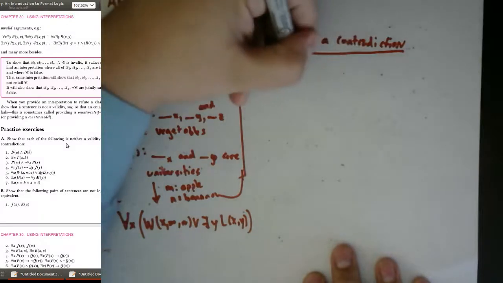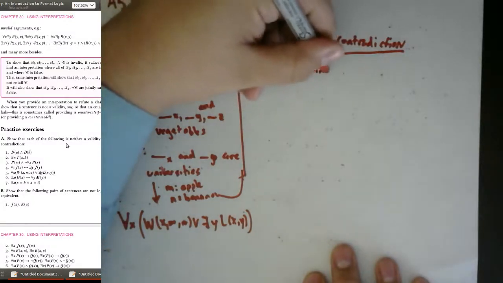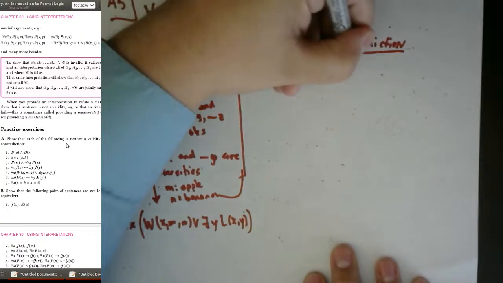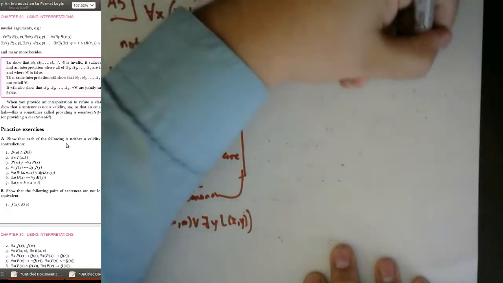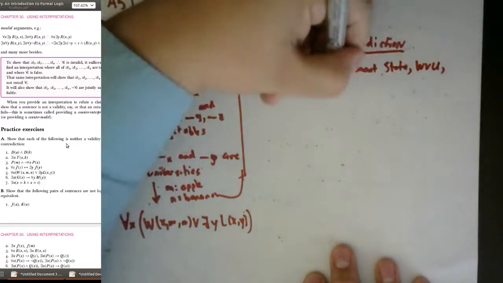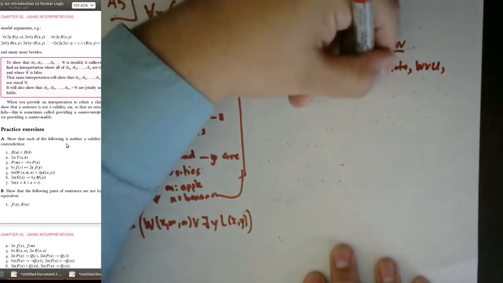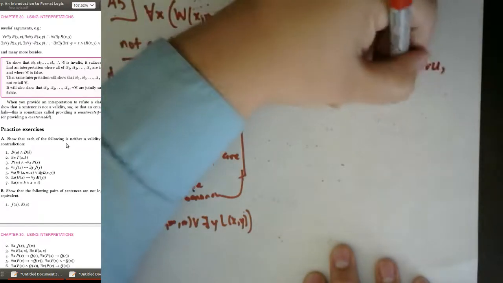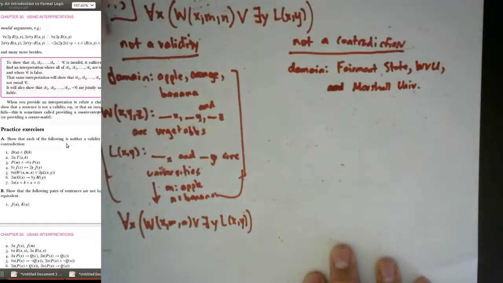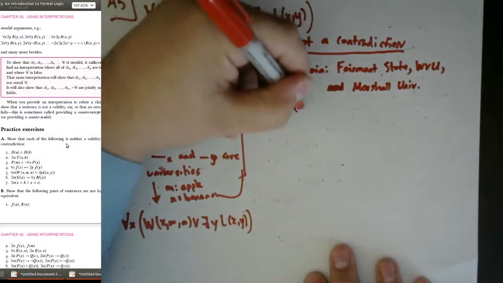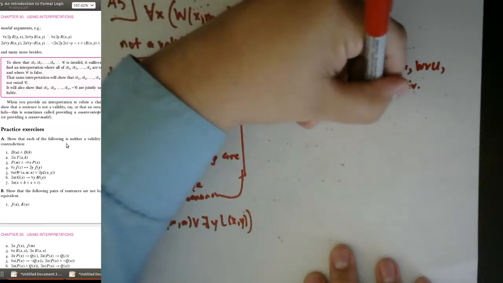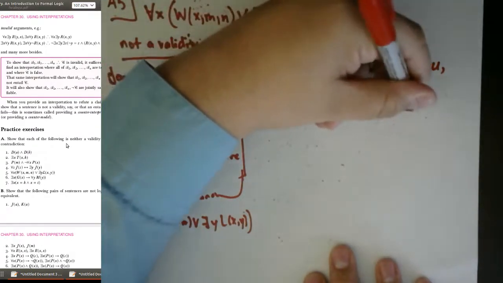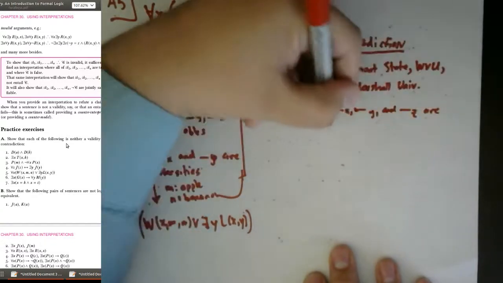So let's say the domain is going to be Fairmont State, WVU, and Marshall University. Okay, let's say W(x, y, z) is going to mean x, y, and z are universities.